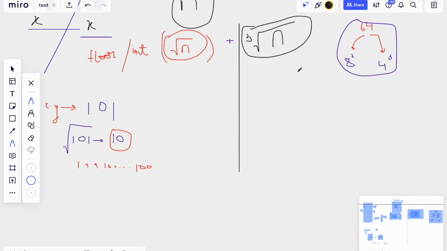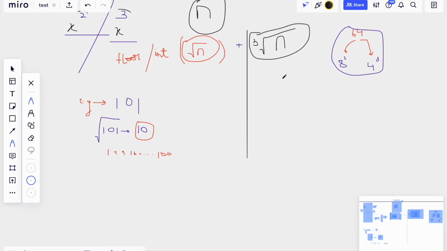So what I did is, I take a loop from 1 to the cube root of n, and I check at each step if the number I am getting is a perfect square or not.